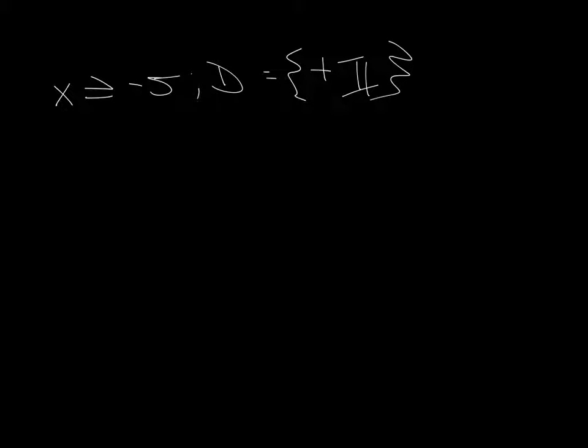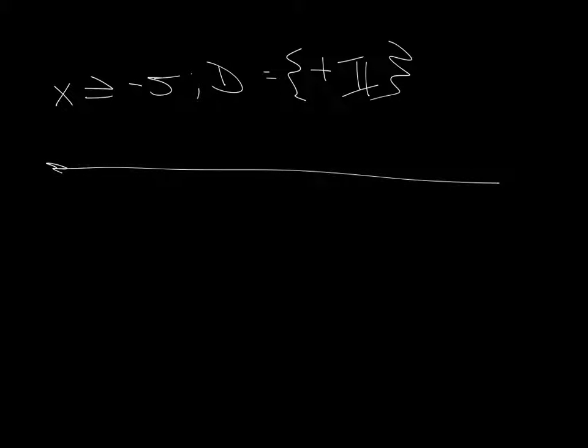Okay. Get rid of my null set there. If I'm graphing x is greater than or equal to -5, and the domain is positive integers.